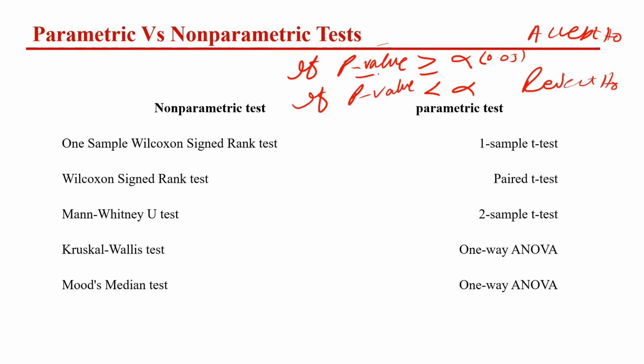Remember that this is also a probability, and this p-value is always calculated from the data, and this is the pre-decided value, or you can say this is the type 1 error. So whatever decision we are taking, we already know how much error is in that decision.